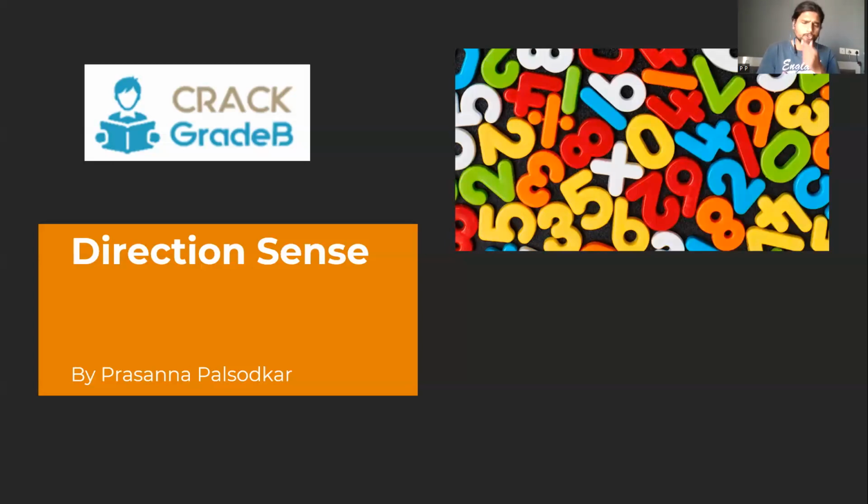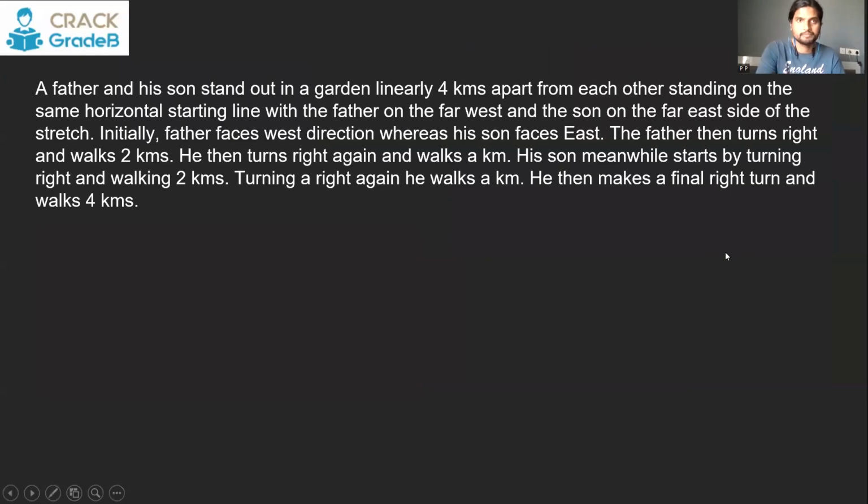All the things that we should know about this topic, or the prerequisites to solve the questions, would be very elementary. One of the important things that you should know is the directions. So we all know how the directions work.